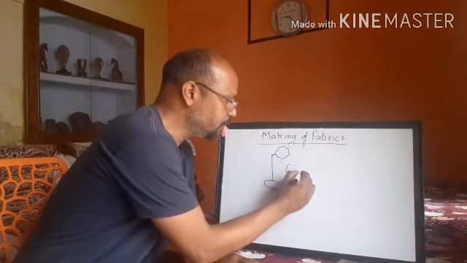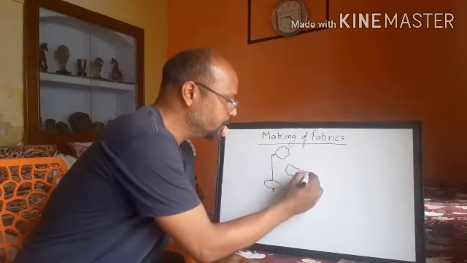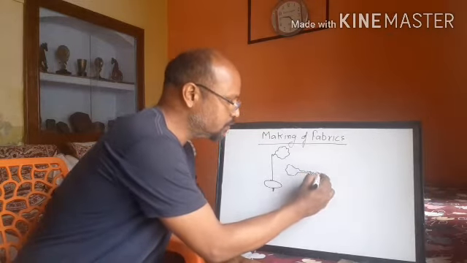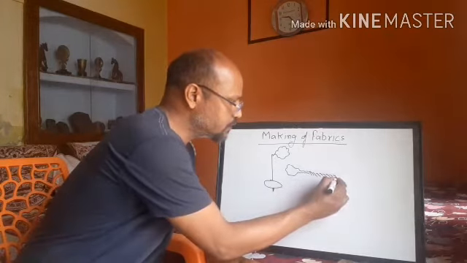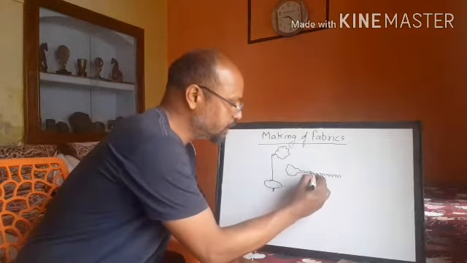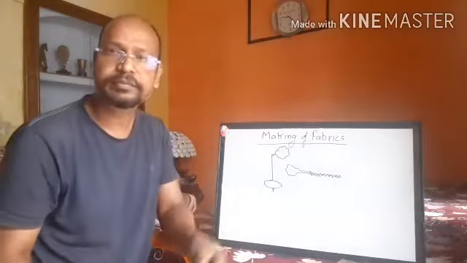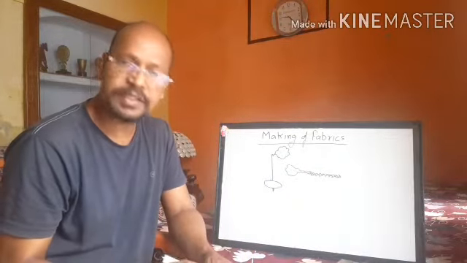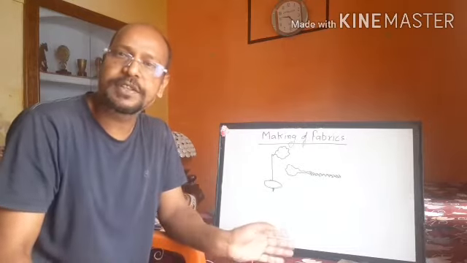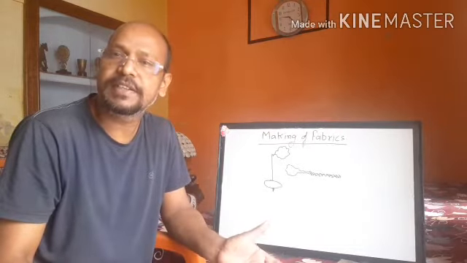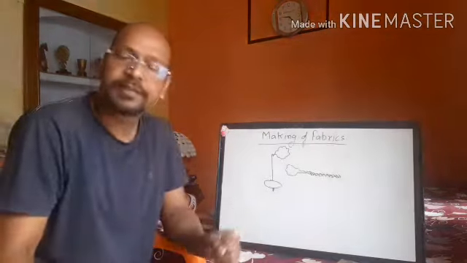It is the lump, and it is twisted, and it is converted into yarn. This is known as spinning. Since we are using the spinning tool, that is why it is called spinning.